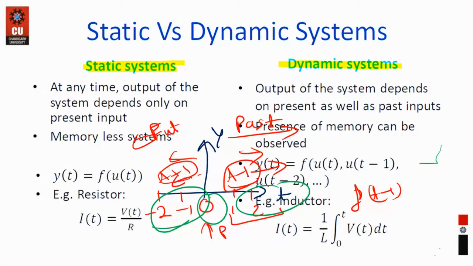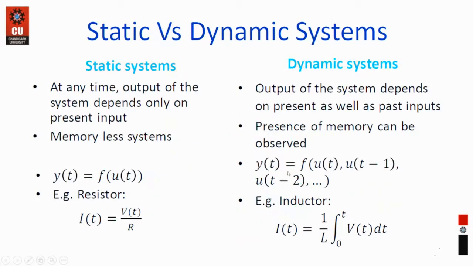Future you write t plus 1, t plus 2, t plus 3, because it is not possible to plot the equation on a number system every time you have to detect a static or dynamic system. So if you see any equation having t minus 1 or t minus 2, or t plus 1 or t plus 2, it is a dynamic system. But if it depends upon t only, then it's a static system.